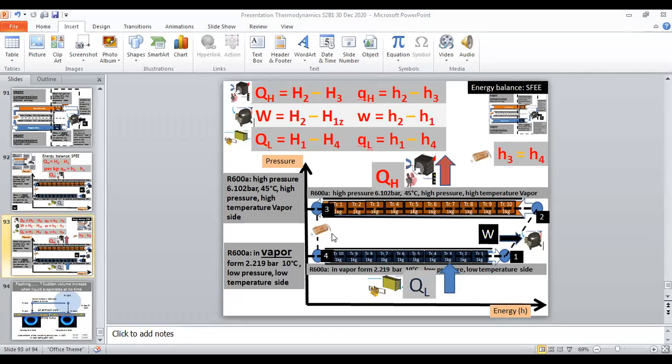You can call this a capillary or expansion device. We consider R600a for this case.